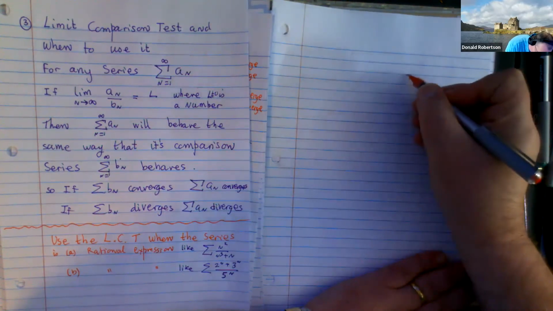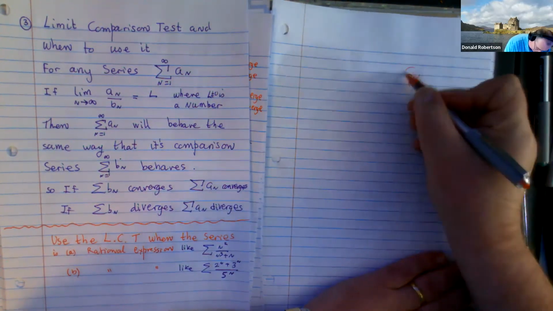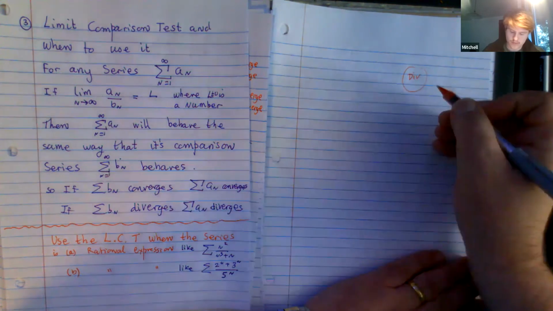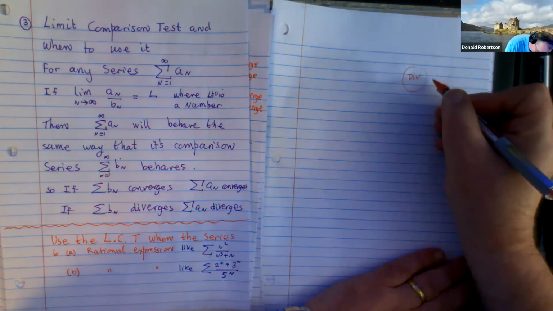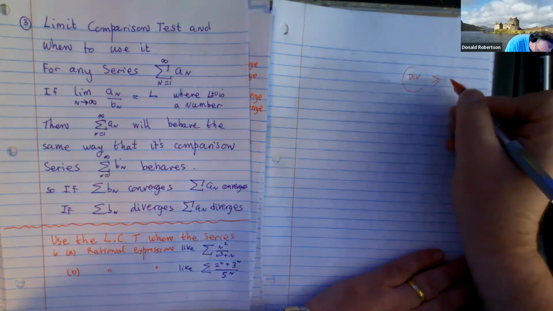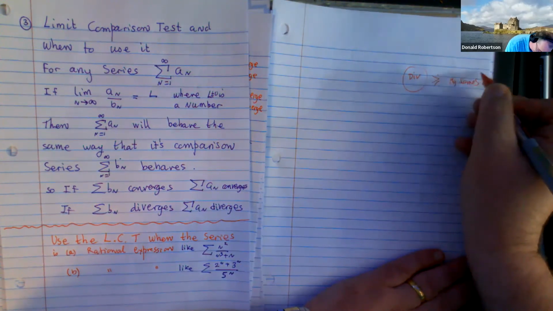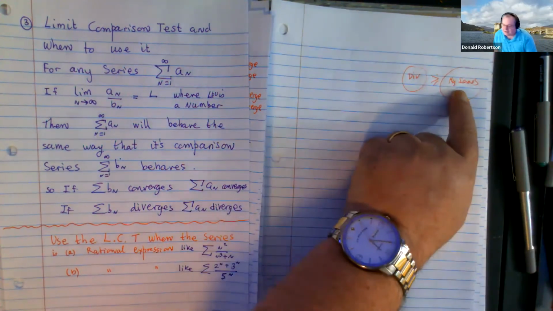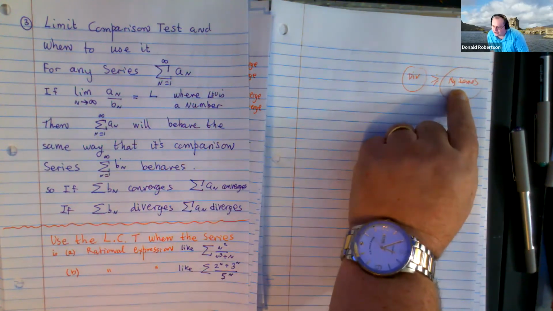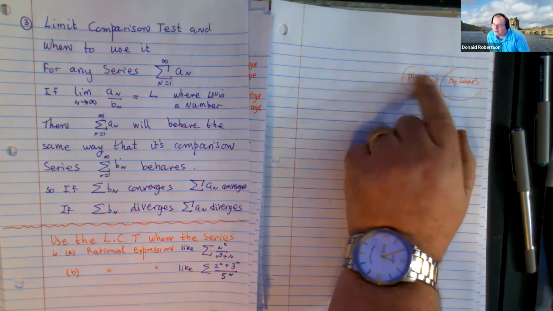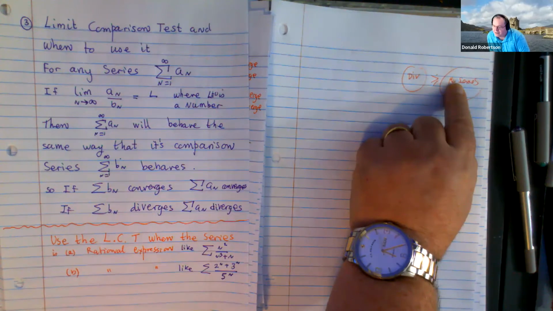If I have a divergent series here, and my series is less than that, that does not mean that I converge. Can't you be less than a divergent series and still be infinitely big? Yeah, you can.